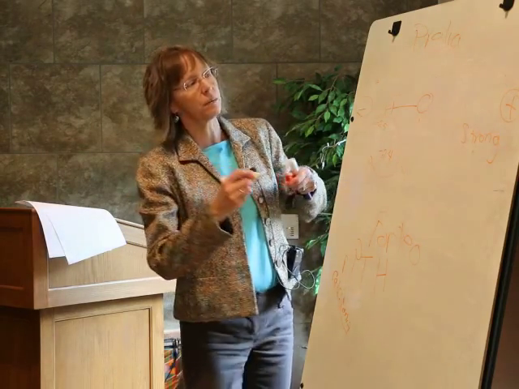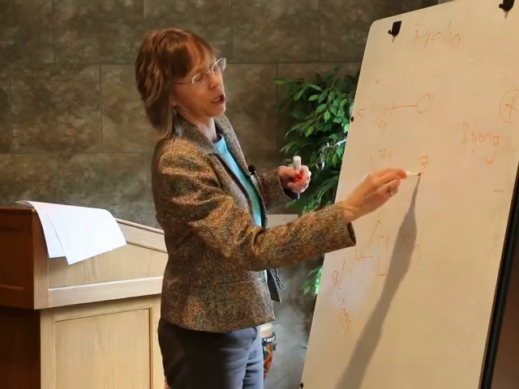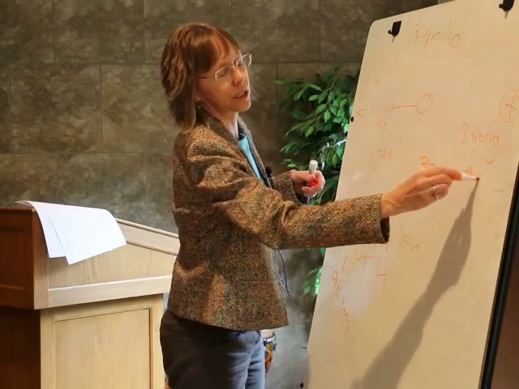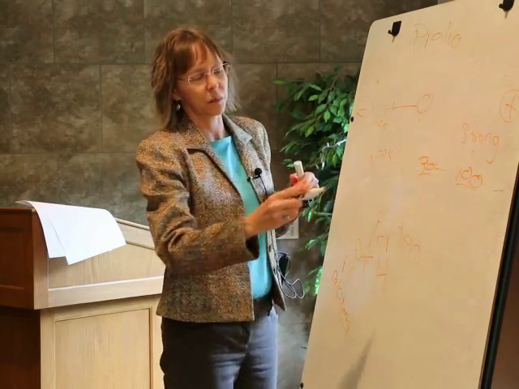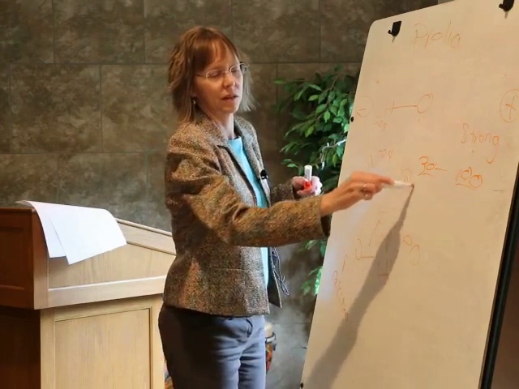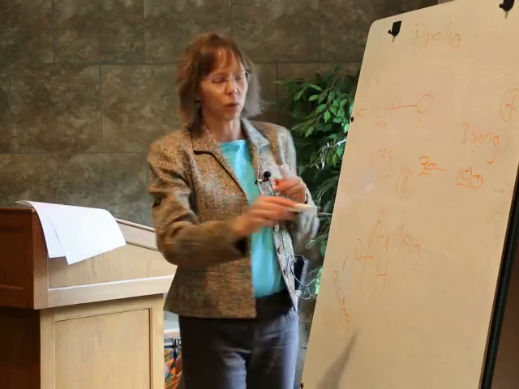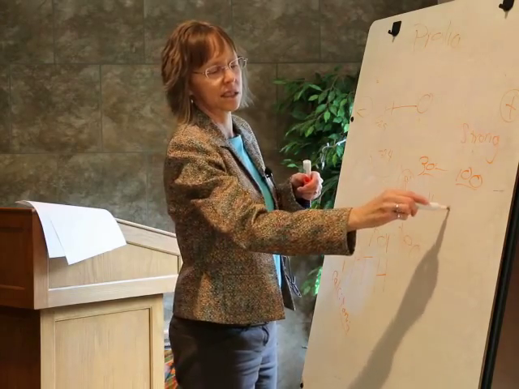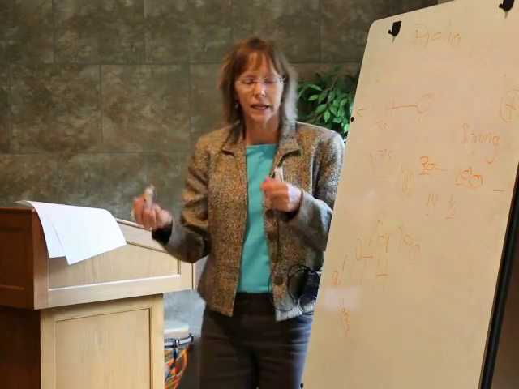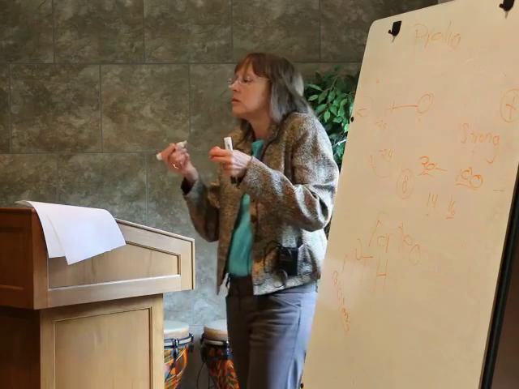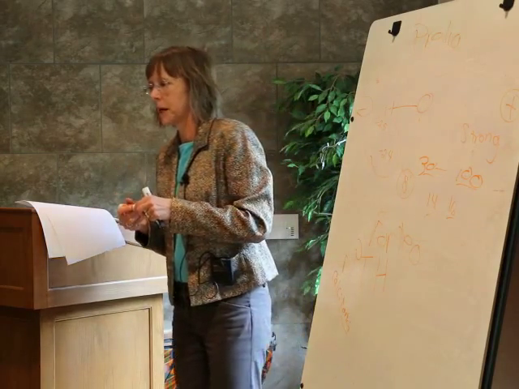Our normal vitamin D level should be between 30 and 100. I'm seeing young people with an 8, or I'm seeing people with 14s and 16s. And some of their complaints are aches and pains and joint aches and pains and muscle aches and pains.